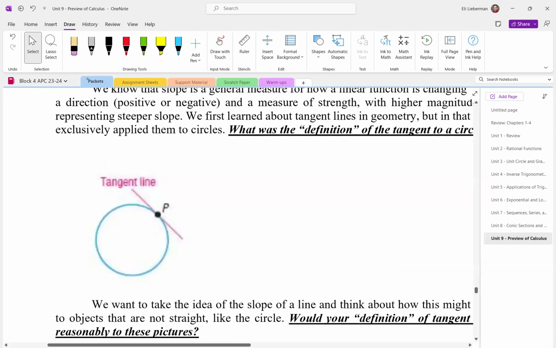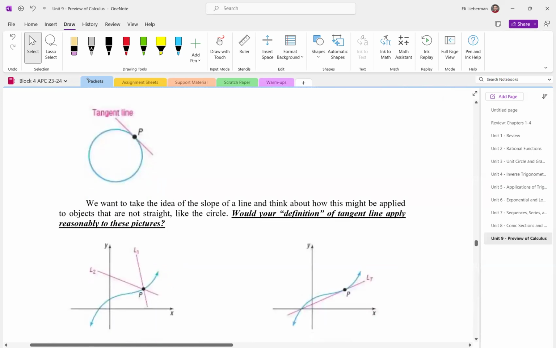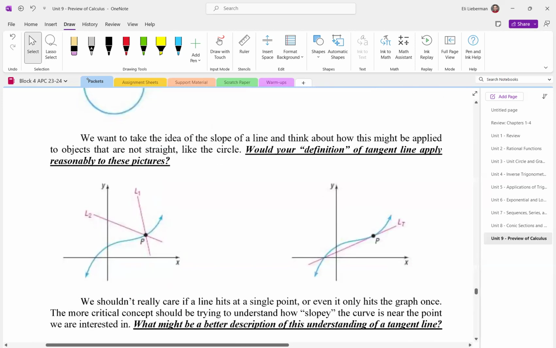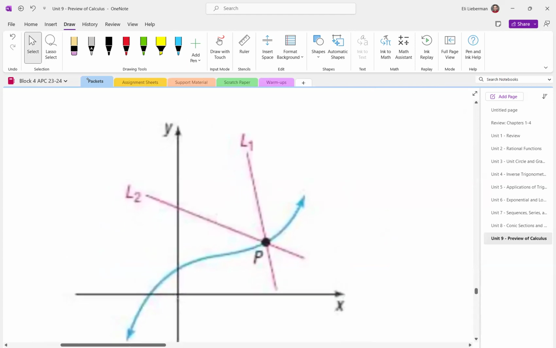Okay, we're going to take that, and instead of talking about circles, we're going to talk about tangents to curves. So like these 2 lines here, they cross through at one point, but they are not tangent lines.